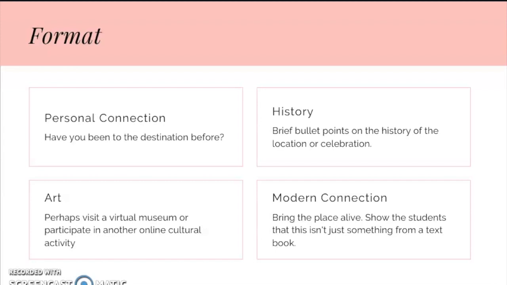They still wear these clothes. So bring it alive to them. And one way that I enjoy bringing it alive is using Google Maps, and using virtual tours and stuff like that by bringing things alive to the students.